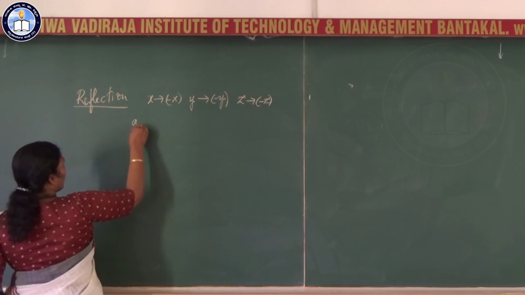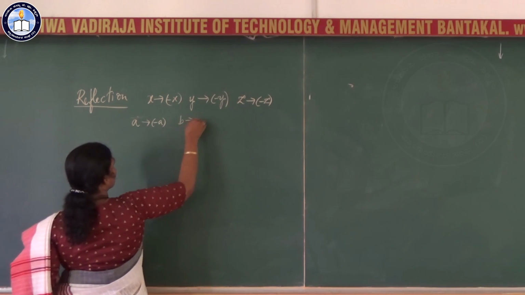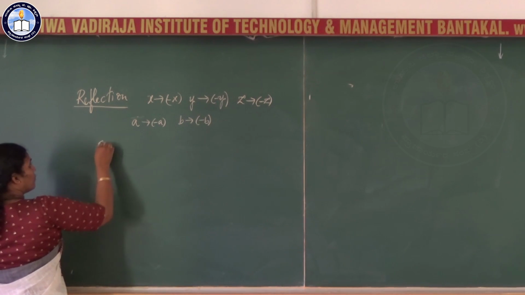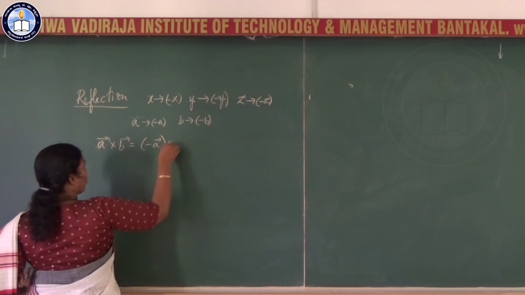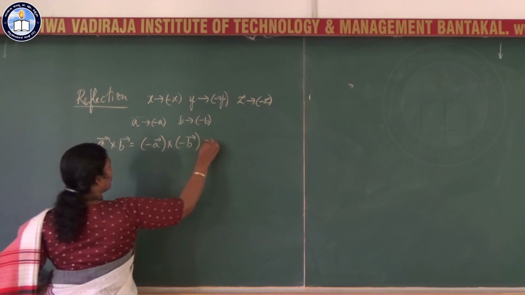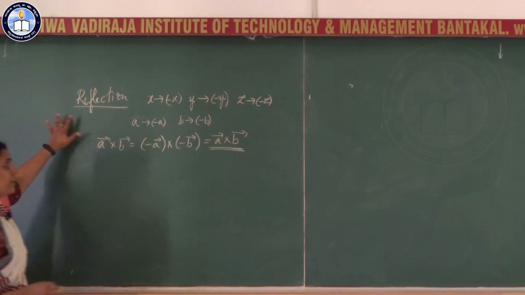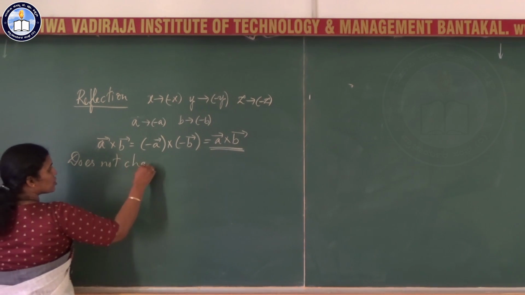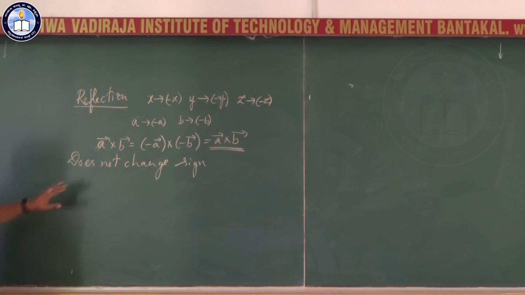So, A vector goes to minus A, B goes to minus B. So, A vector cross B vector equal to minus A vector cross minus B vector equal to again A vector cross B vector. So, under reflection, the cross product does not change sign. It does not change the sign, or it does not change the direction under reflection.